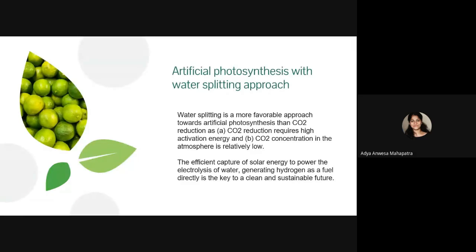Thus, now it's fairly obvious to say that the best feedstock for synthetic, renewable, and clean fuel is the most freely available resource on Earth, that is seawater. Hence, hydrogen generation from water using photosynthesis approach seems as the ideal scenario and is the key for a clean and sustainable future.